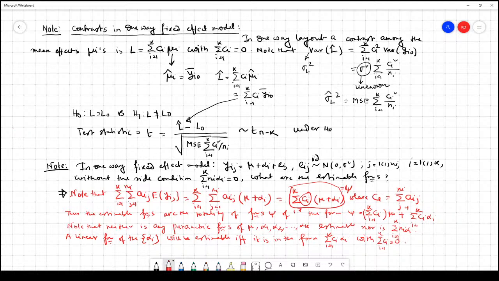Hence, without side conditions, only parametric contrasts are estimable.